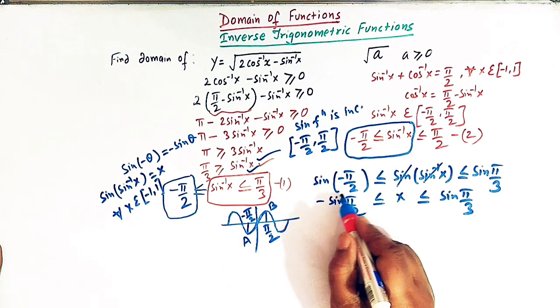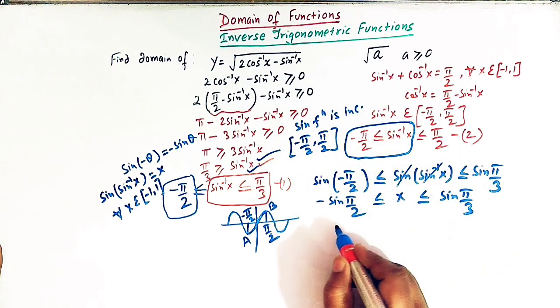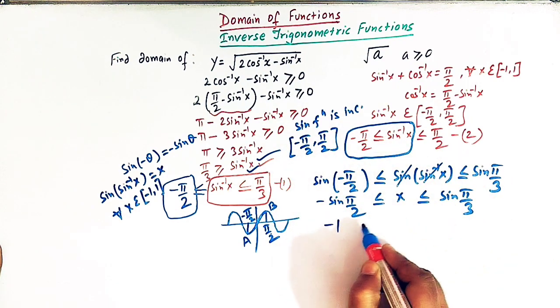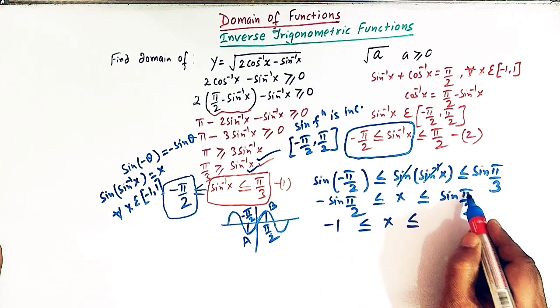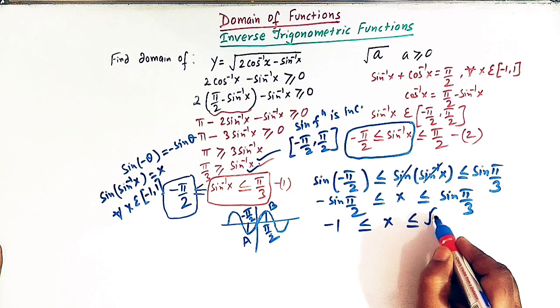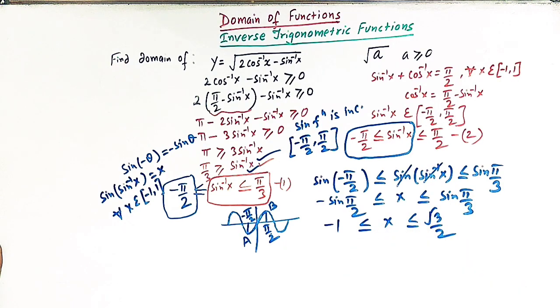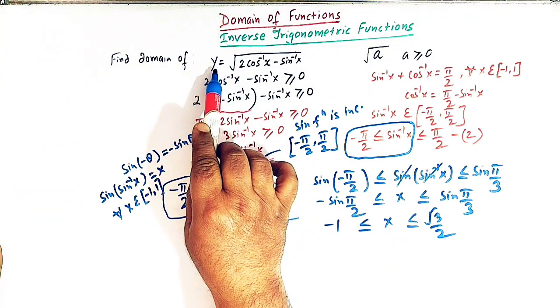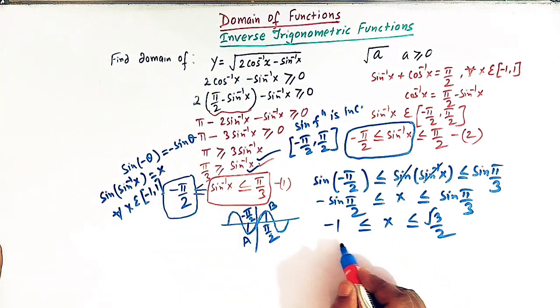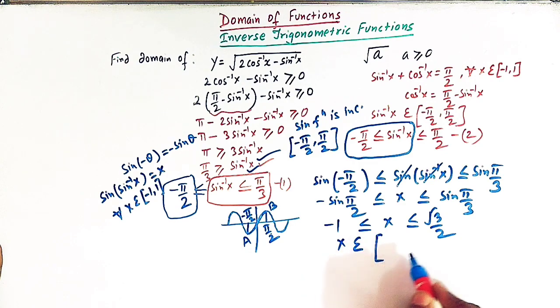So now the value of sine pi by 2, that is sine 90 degrees, is 1. So we have minus 1. Here we have x, and here we have sine 60 degrees, which is square root of 3 over 2, right? So we have got our domain of this function. So x belongs to the closed interval from minus 1 to square root of 3 over 2.